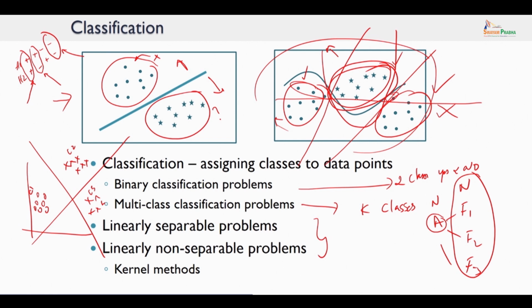So these give you some basic conceptual ideas on how classification problems are solved, particularly binary classification problems and multi-class classification problems. The key ideas that I said that we want to remember here are whether these problems are linearly separable or linearly non-separable. And in the linearly non-separable problems, there are multiple options.